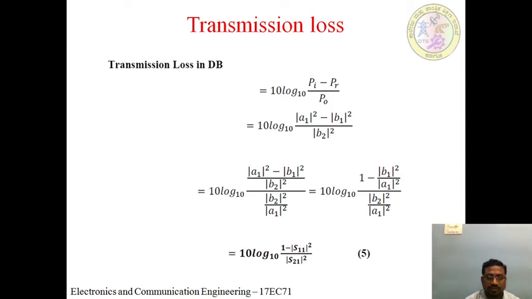Mod of B1 whole square divided by mod of A1 whole square is B1 by A1, that value is S11, and B2 by A1 is S21 in the S parameters. So the transmission loss in terms of dB, we can write it as 10 log to the base 10 1 minus mod of S11 whole square divided by mod of S21 whole square.